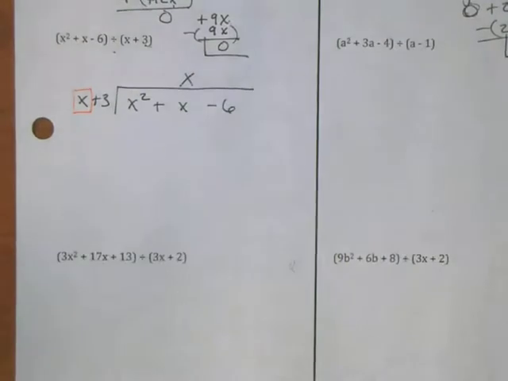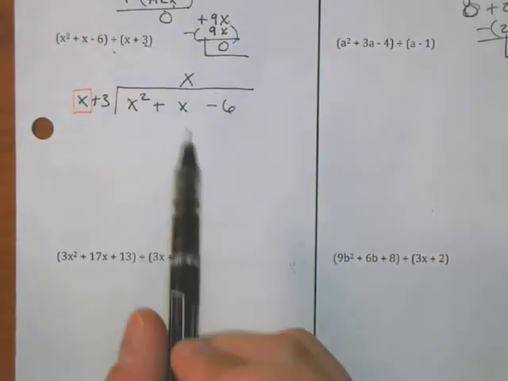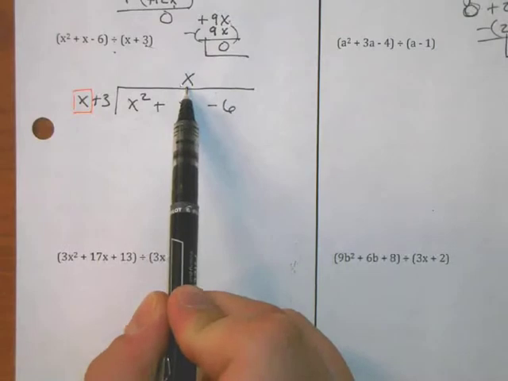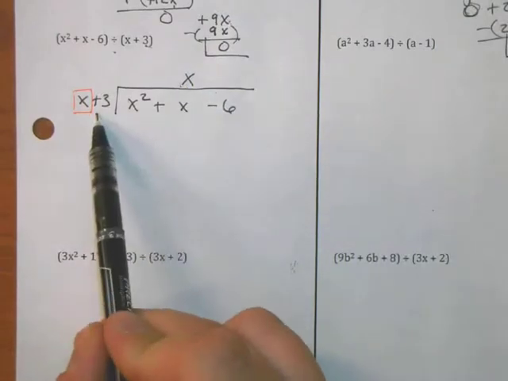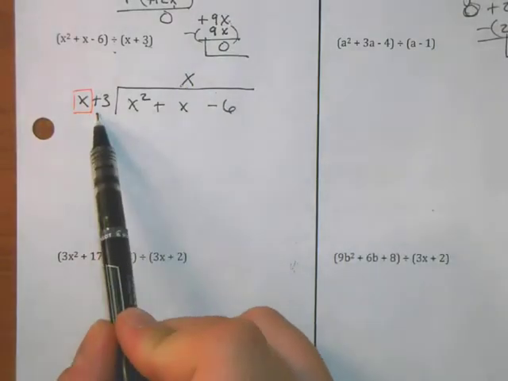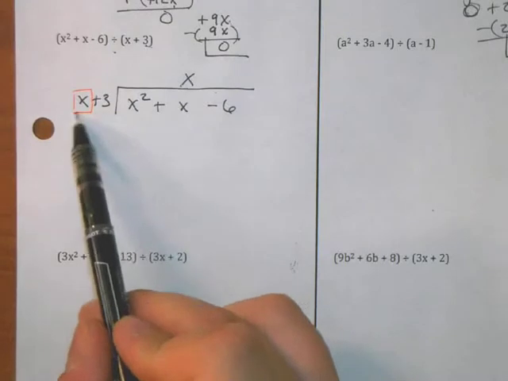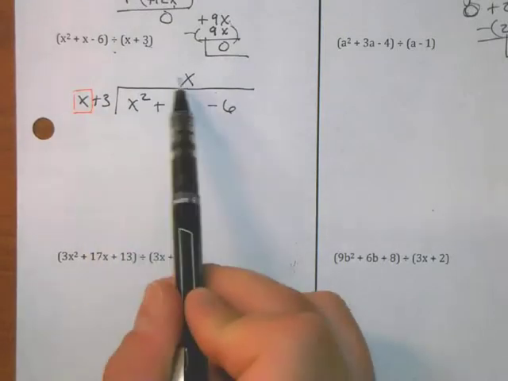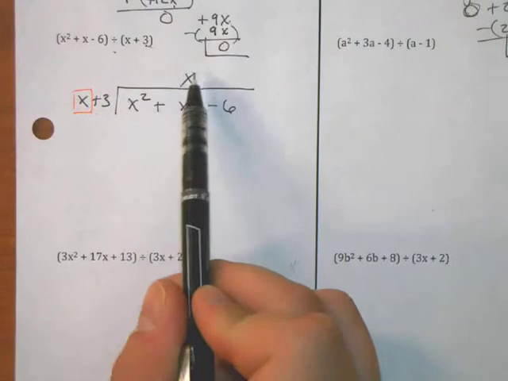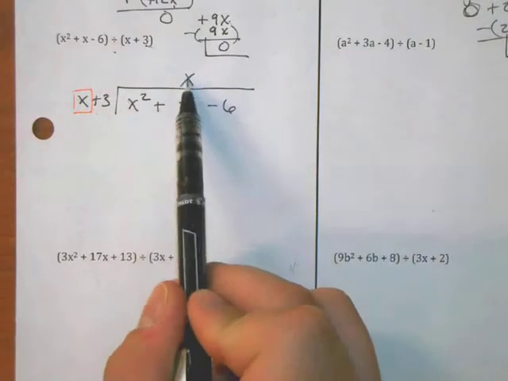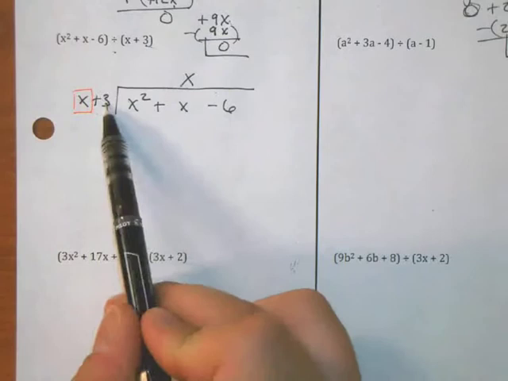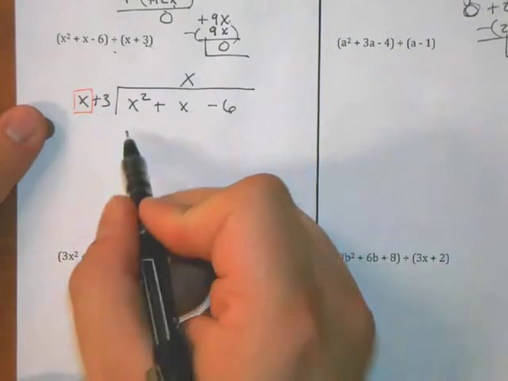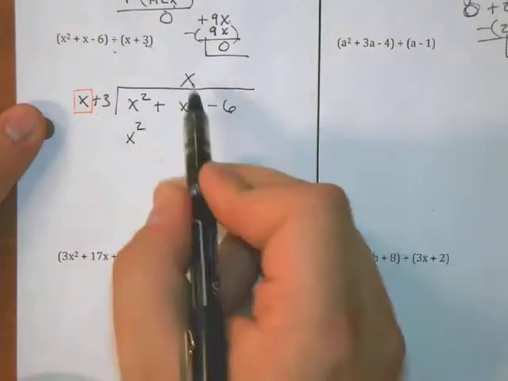You're still taking this number you chose and multiplying it to what's in front. Here's the trick: this is a binomial, so you multiply it to each of these. You distribute this number you chose to each of these two. So x times x is x squared.